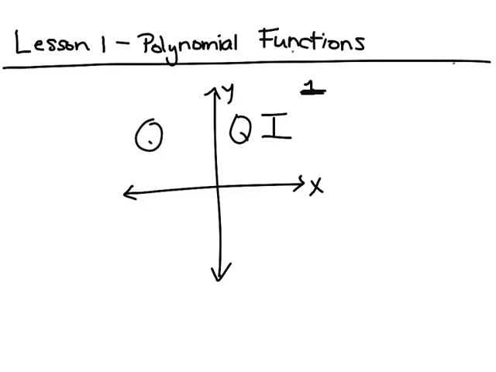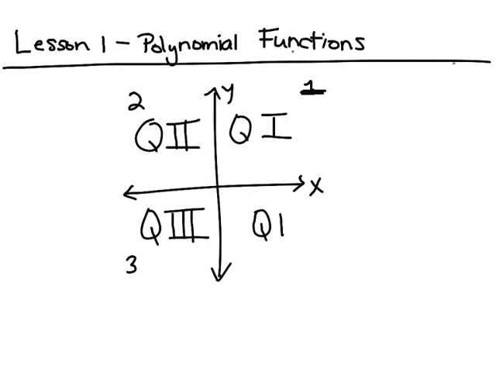This is quadrant 2, and this is quadrant 3, and this is quadrant 4. And we use Roman numerals because it's easier to explain which quadrant it is in without having to use a number. So Roman numerals is just kind of like using a variable almost. It's a little bit easier to distinguish between numbers and the quadrants. So you have to be familiar with which quadrant is which.